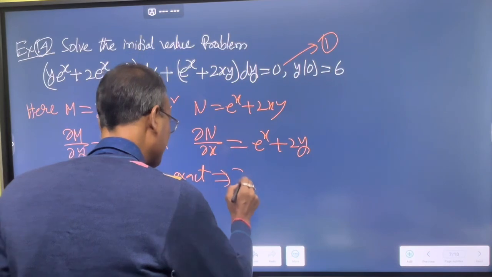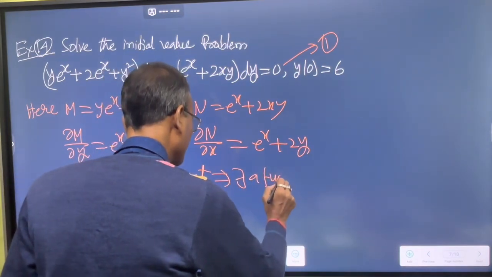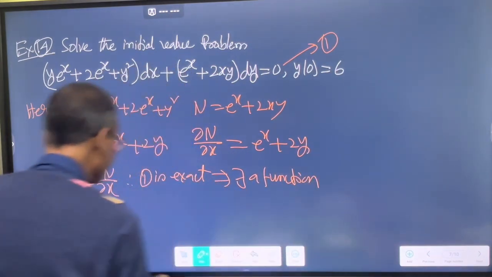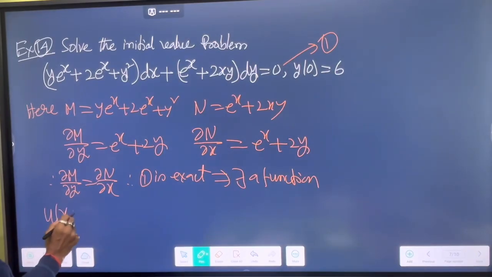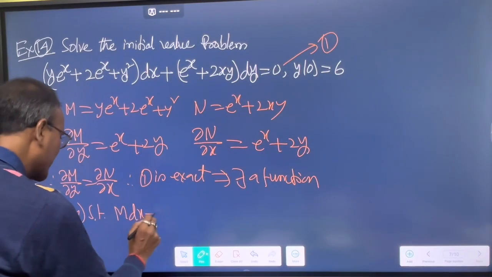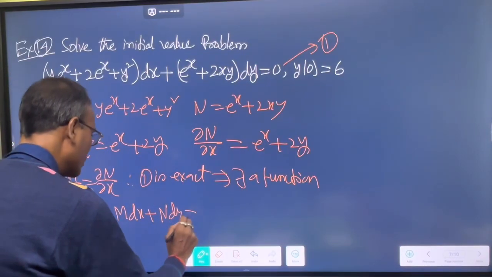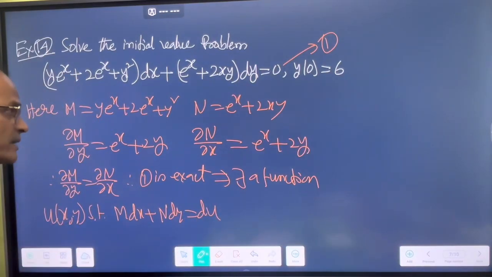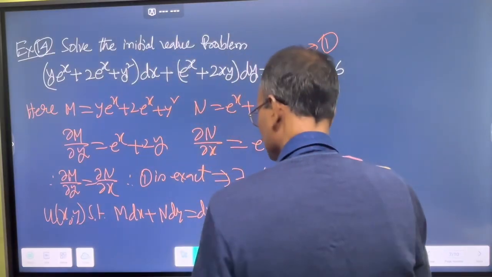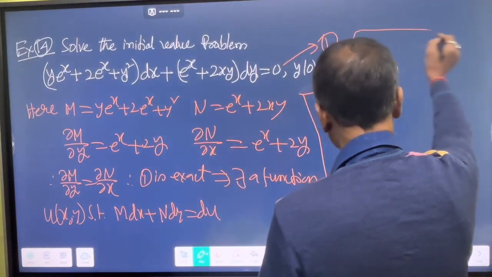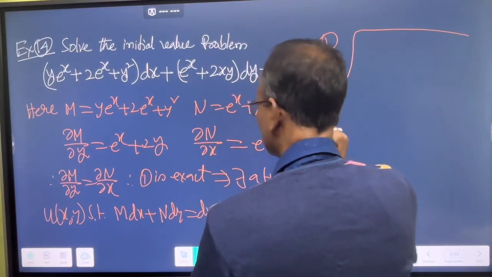This means that there exists a function U(x,y) such that M dx plus N dy equal to dU(x,y). Now, what is M?